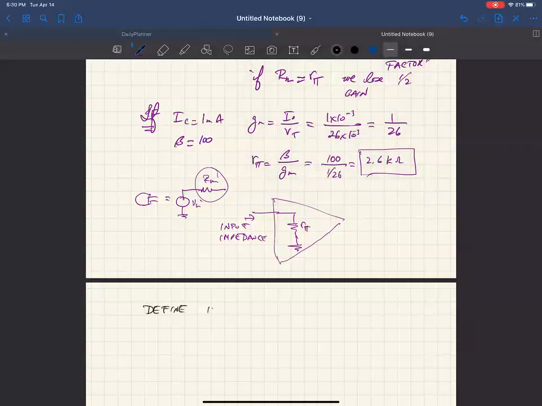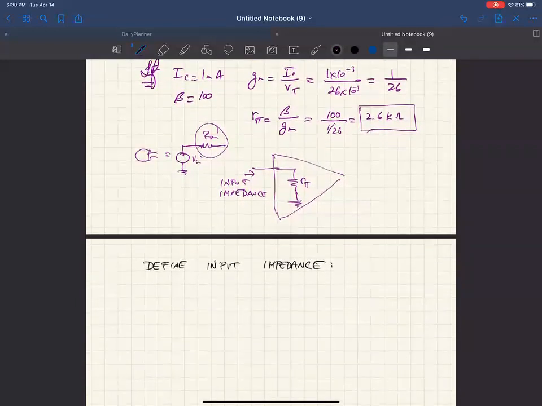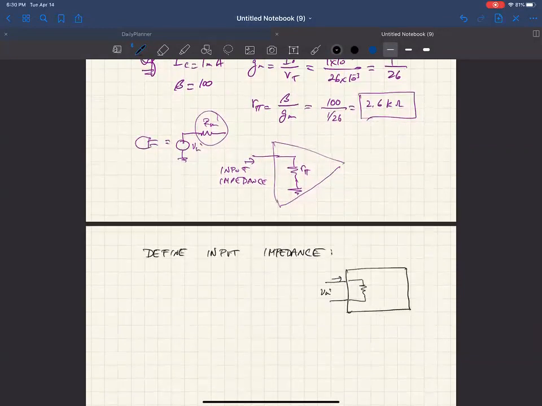The general definition of input impedance, for any kind of two-port network, is basically the resistance you see on the input, the resistance across the two inputs of any kind of network.